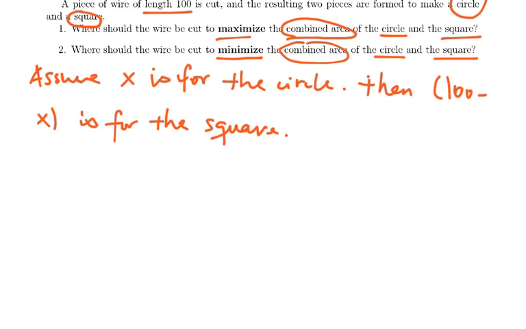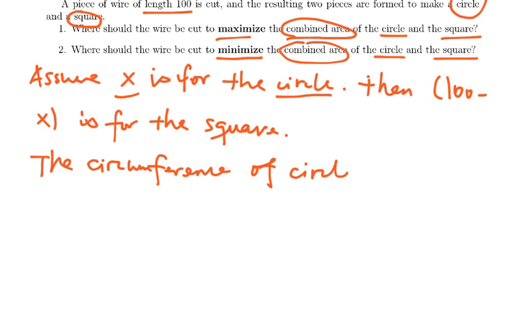Now because the wire x is used for the circle, that means the circumference of the circle is x.